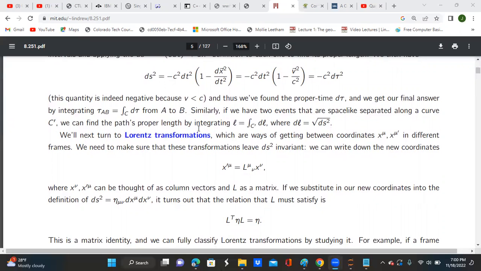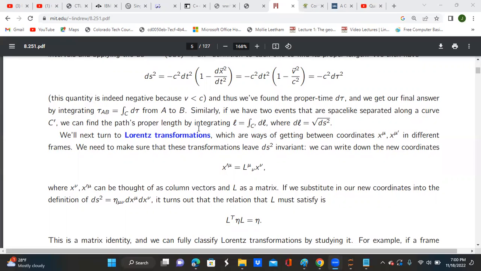ds squared equals -c squared dt squared times 1 minus the derivative of the vector x with respect to time, squared, equals -c squared dτ squared. So 1 minus v squared over c squared, times dt squared, equals -c squared dτ squared.